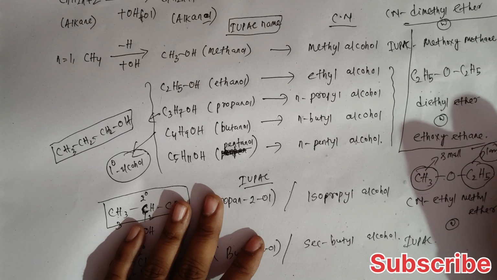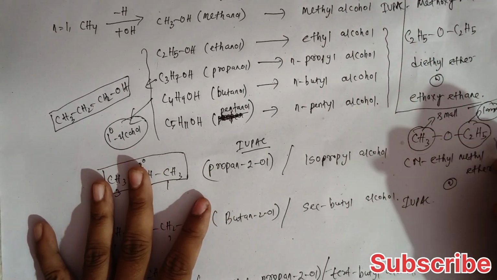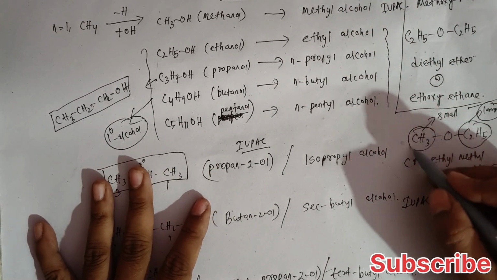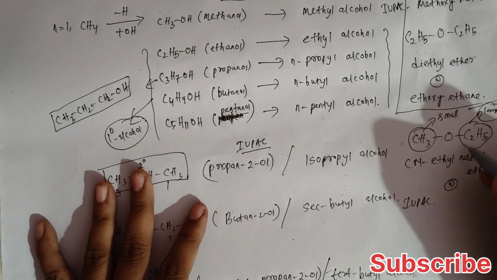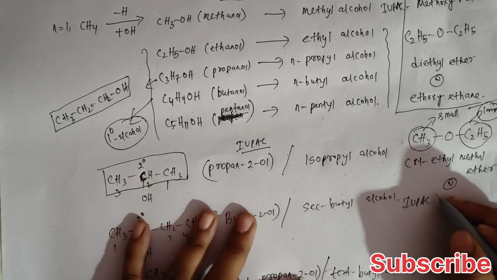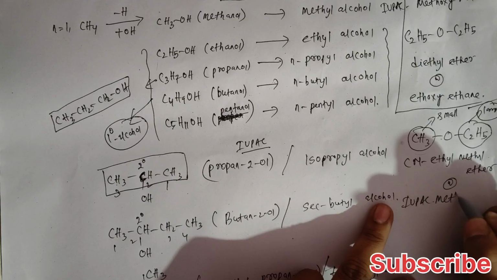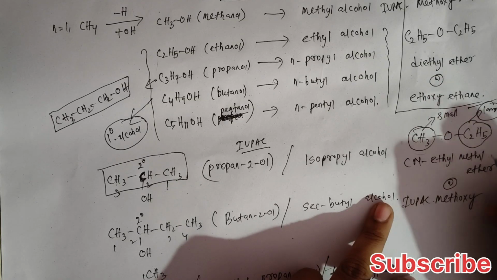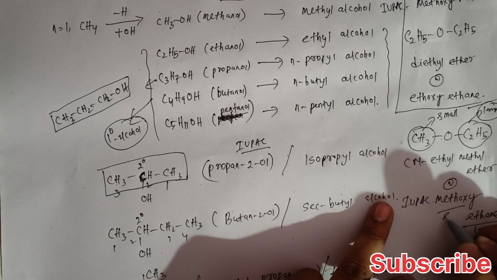Means in an unsymmetrical or mixed ether we have to name the small group first, and at the last position we write the larger alkyl group. So its IUPAC name must be methoxyethane. This is the larger group, this is the smaller group.